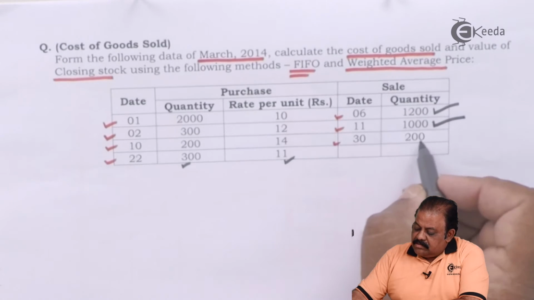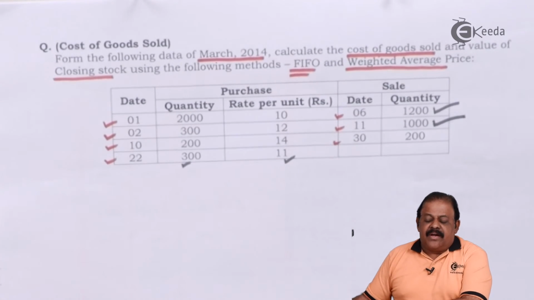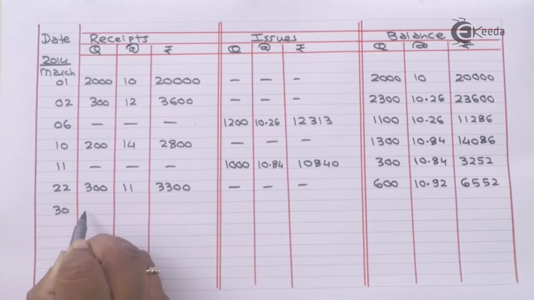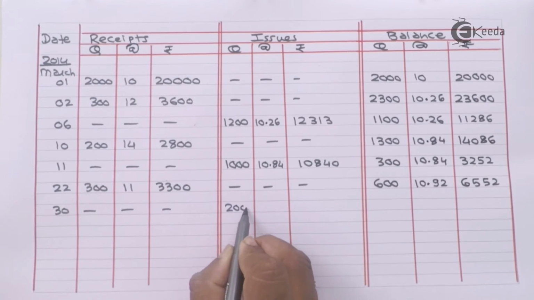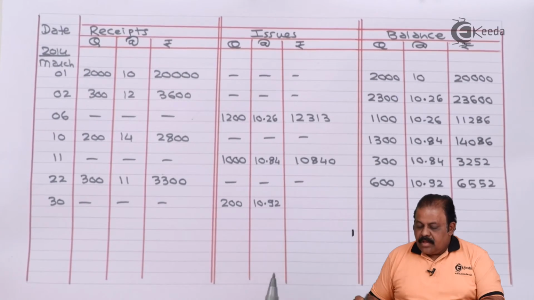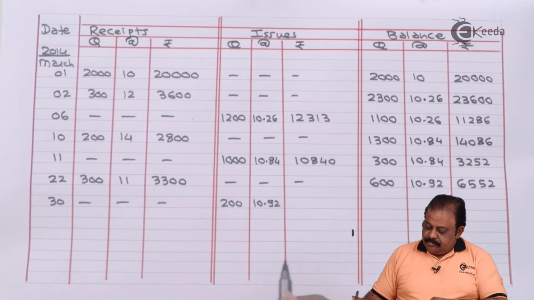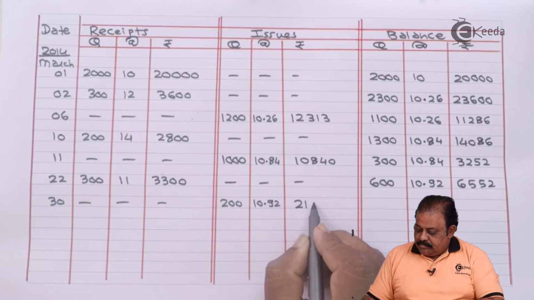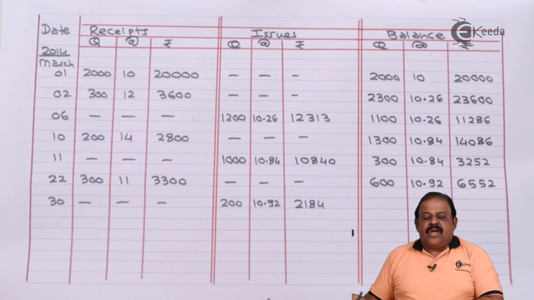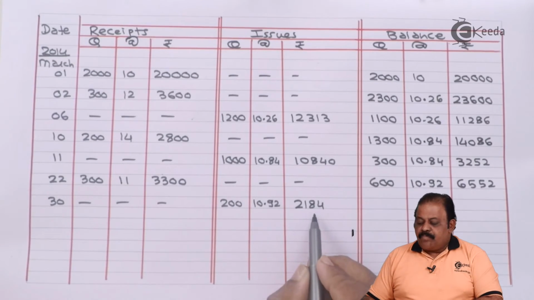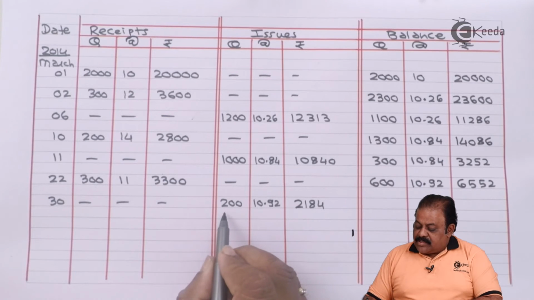On 30th there is sale of 200 units. Per unit it will be taken 10 rupees 92 paise. 2,184. Out of 600, 200 units are sold.